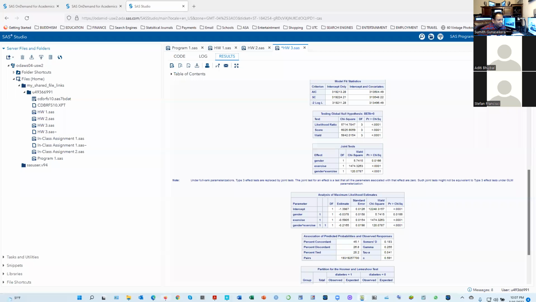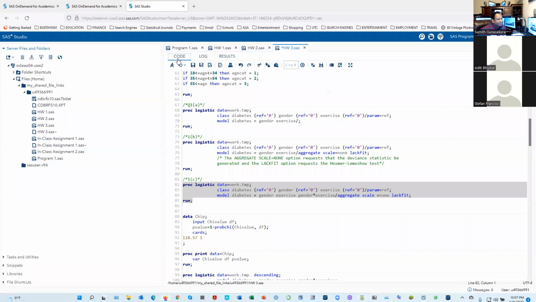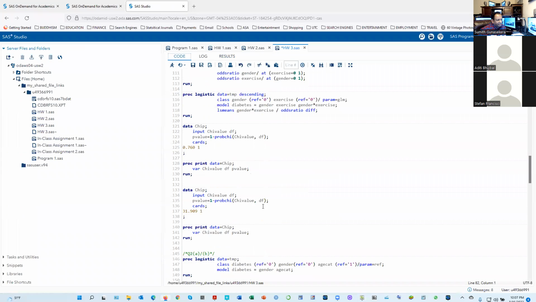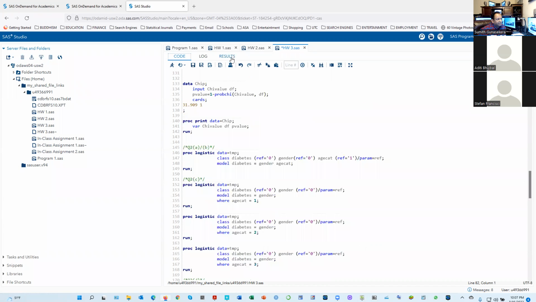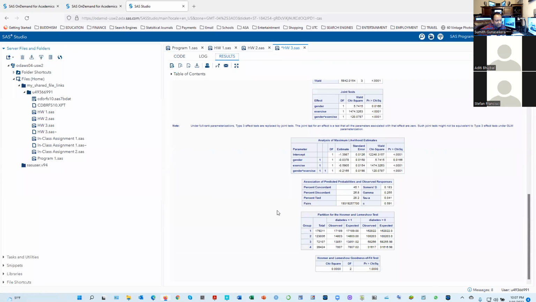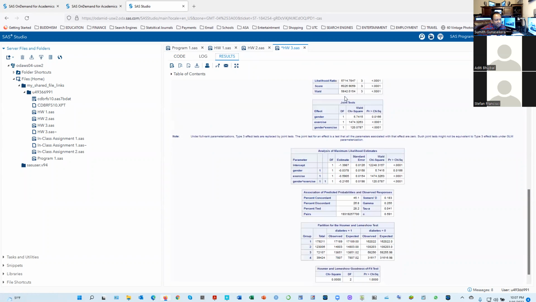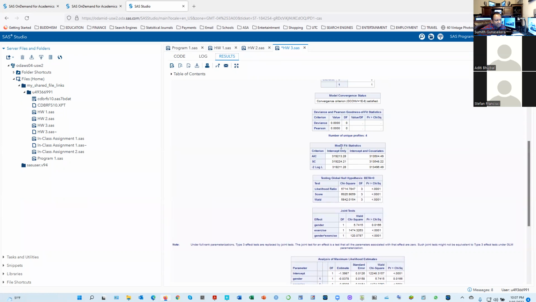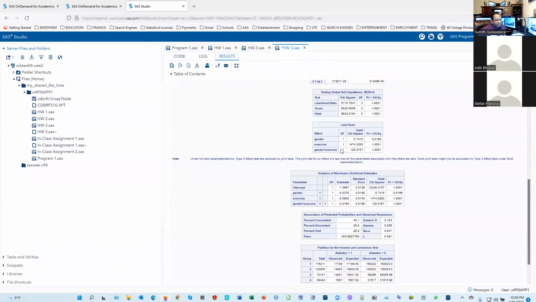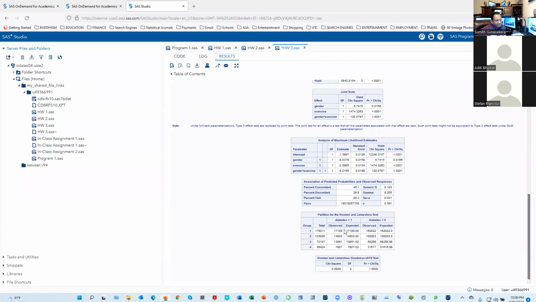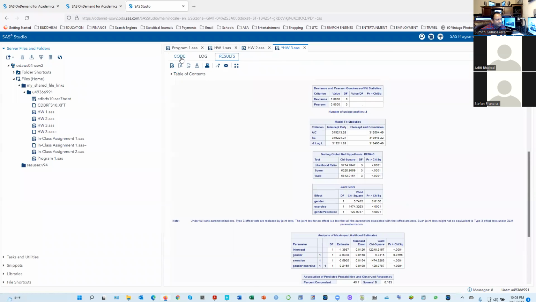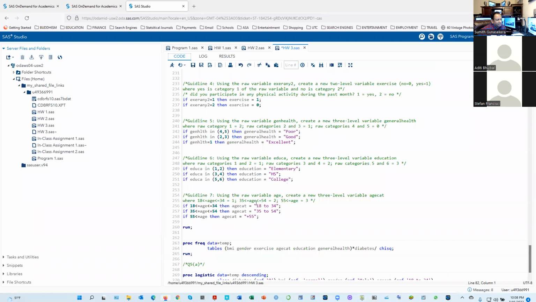If you go over here, can we see all these? It's called the results. What about the odds ratios? How could we get that one?